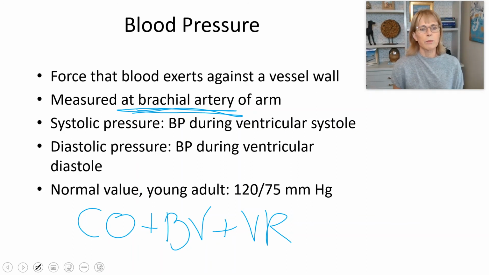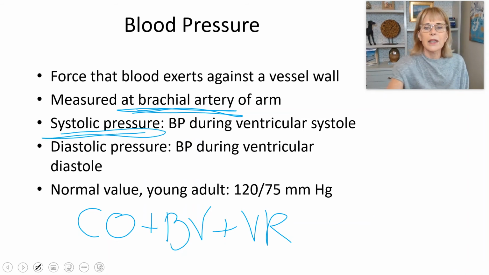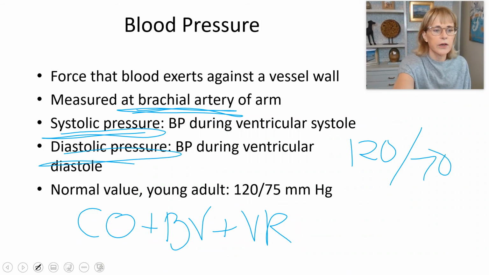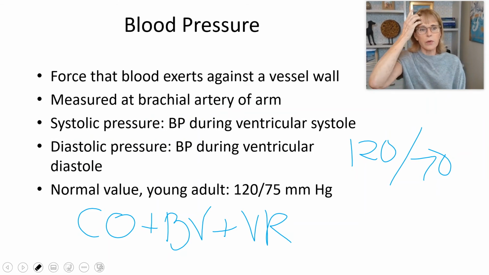Every blood pressure measurement has got 2 numbers. The first number is systolic, and the second number is diastolic. Okay? So what we mean by that is the first number is the pressure that we measure when your ventricles are in systole.